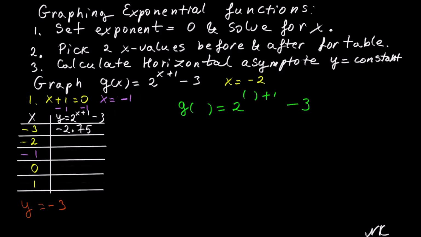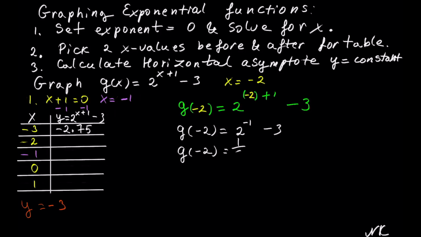Let's calculate the next y value at x equal to -2. So let's substitute -2 for x into g of x, and we get g of -2 is equal to 2 raised to the -2 plus 1 minus 3. So g of -2 is equal to 2 to the -2 plus 1, which gives us -1, minus 3. This is g of -2 is equal to 2 to the -1, and the exponent becomes positive when we move the base into the denominator.